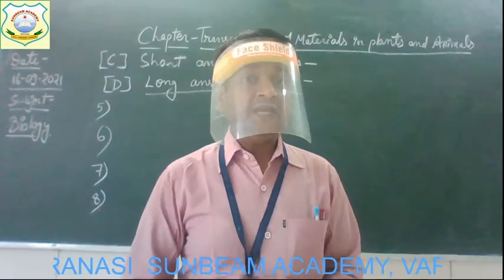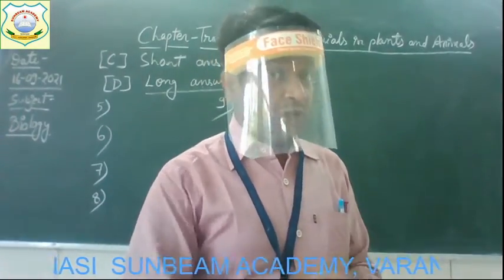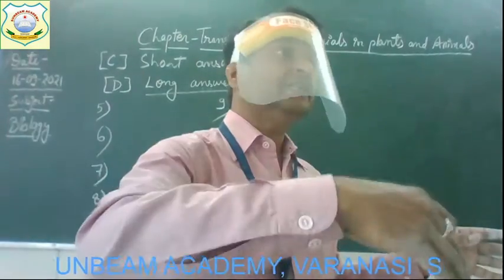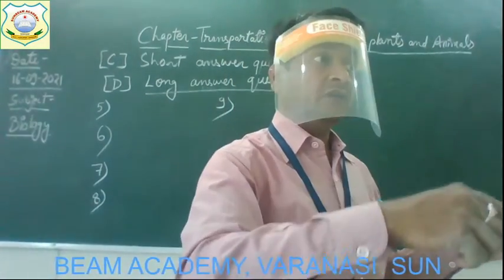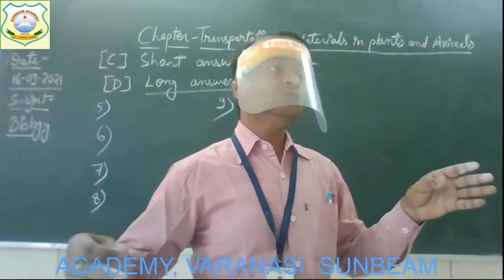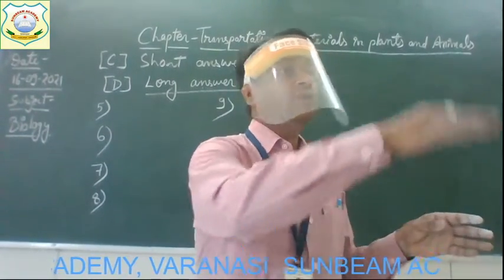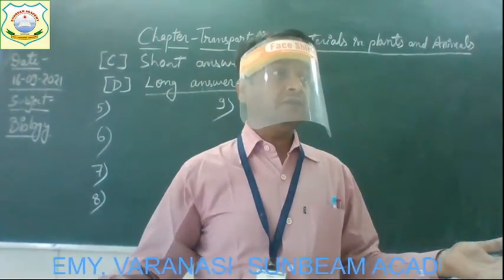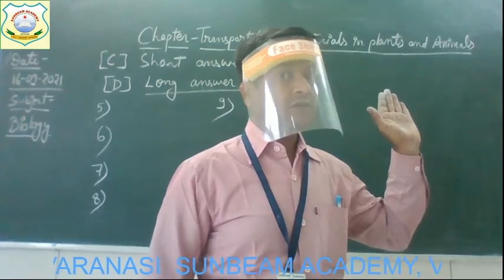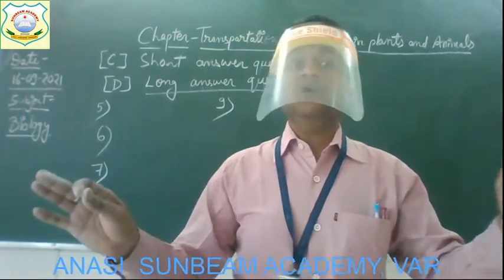You have to explain here the process in which the blood is going to enter the kidney, meaning the nephron, and until the urine comes out from the body. So this whole process you have to explain, only explain, because the diagram you have already drawn in the previous question.